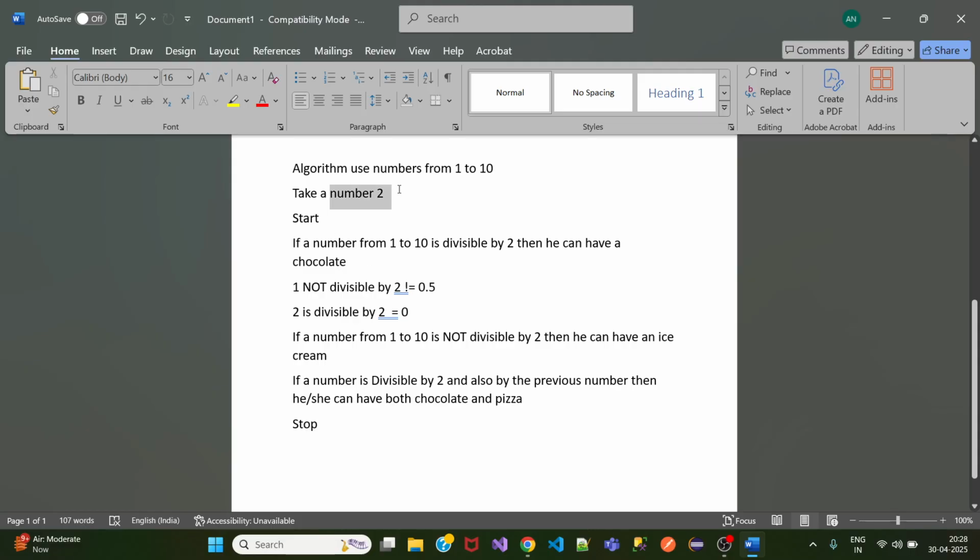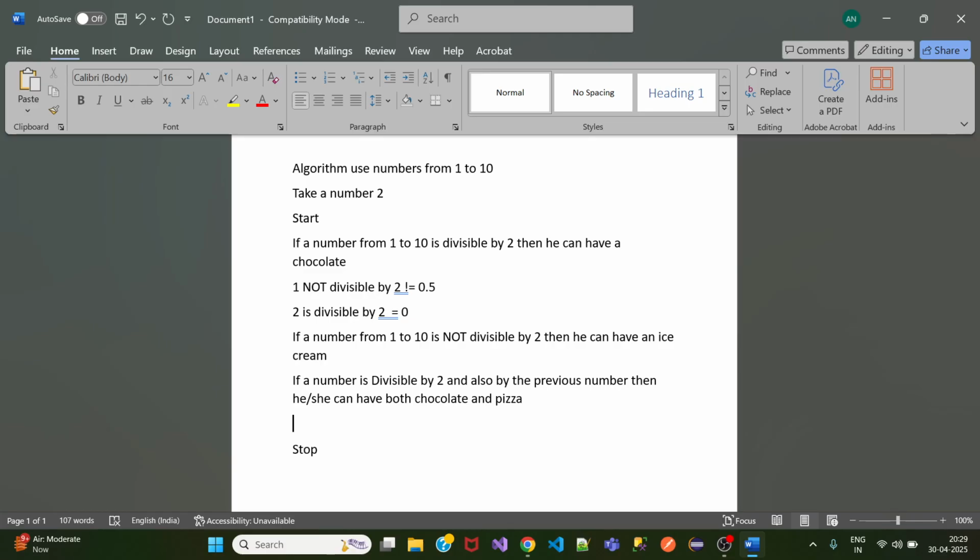So we need to take a number which is 2. And we need to check if 1 is divisible by 2. No, then it can have ice cream. If 2 is divisible by 2, yes, then it can have chocolate. Then for this, I'll give an example.